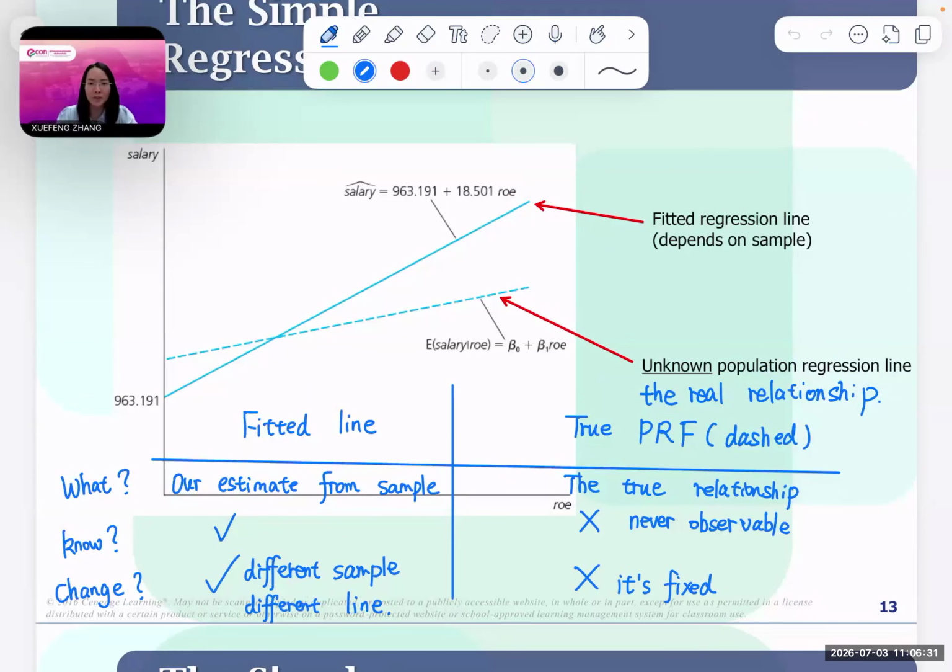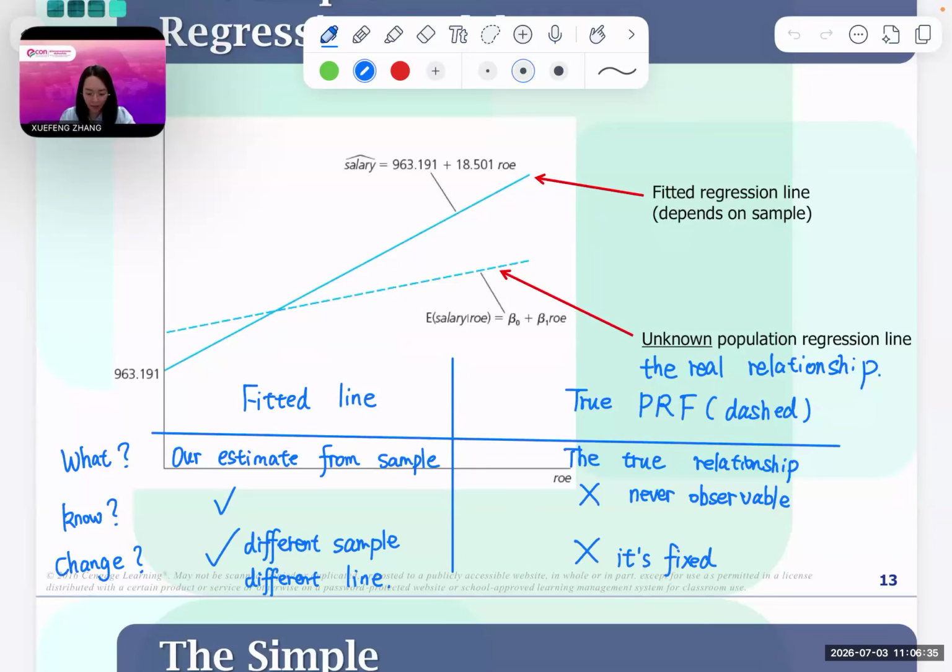We talked about the key difference between the fitting line, which is here, the solid line, and the true population regression function, which is dashed, okay? We talked about what it is. It's our estimate from the sample, and the other is the true relationship.